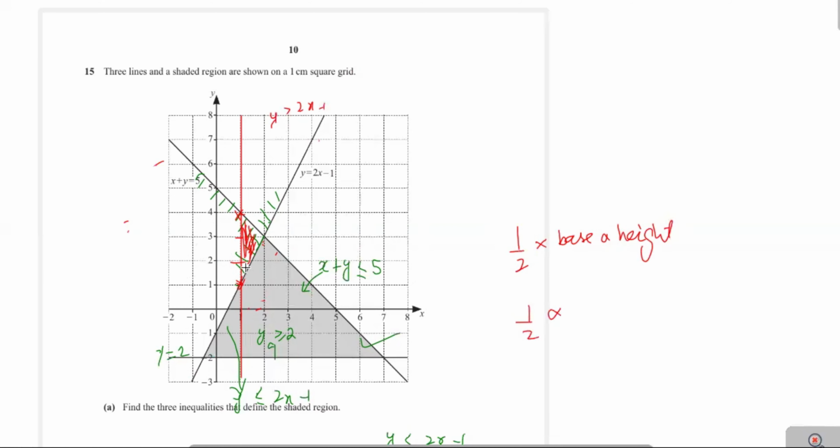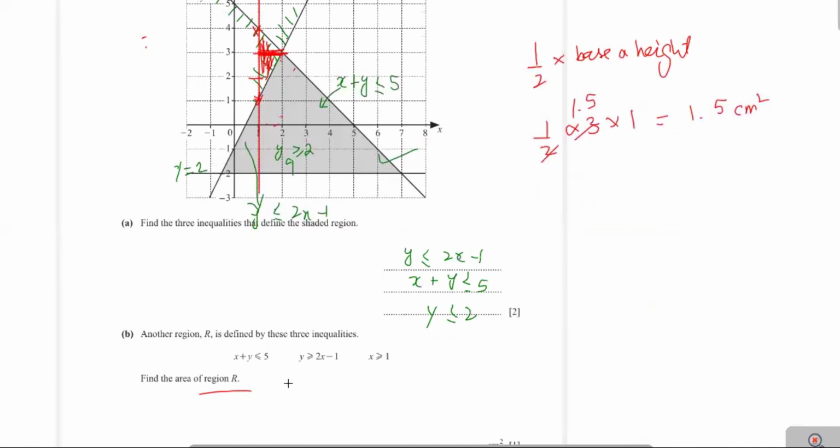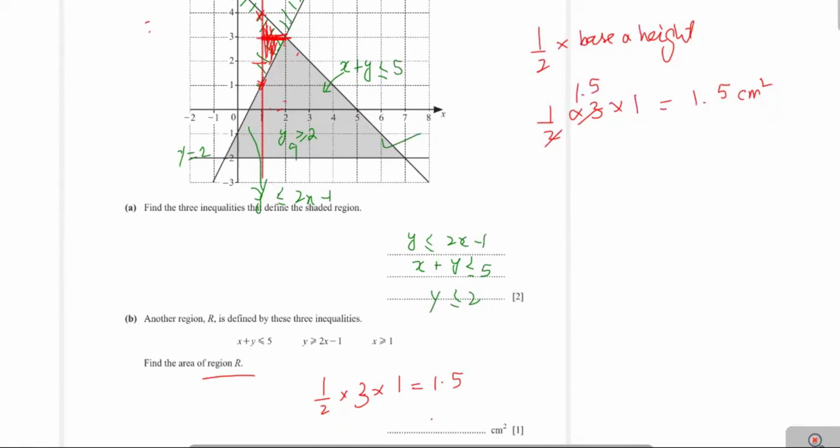Height is, you see here, this is the height, and this length is 1 unit. Therefore, the answer is 1.5 centimeter square, which is the area of this region R. 1/2 times this value equals 1.5 centimeter square.